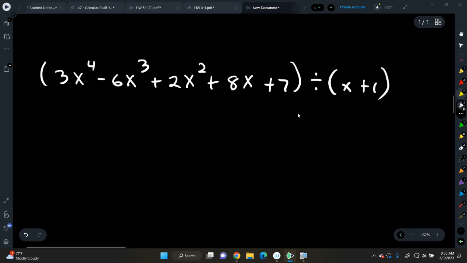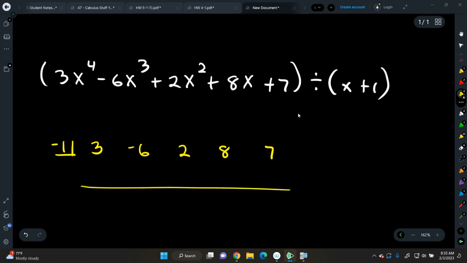Okay. So what are we going to put in the corner? Negative 1. Good. And we've got 3, negative 6, 2, 8, 7. Bringing down our 3. And we multiply and add, multiply and add, multiply and add.